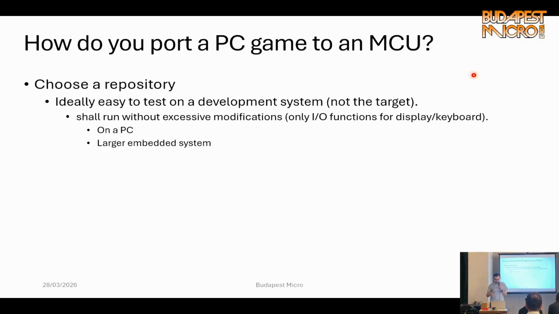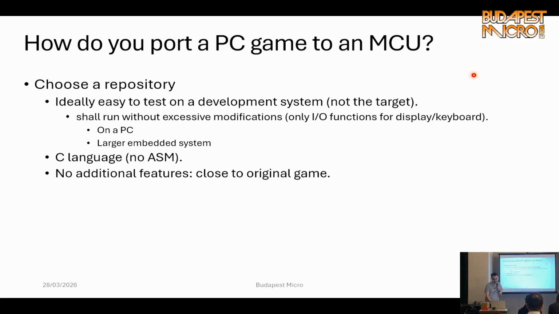And I want it in C, so that I can develop in Windows and optimize for memory, and later I will port to the target device once I reduce the memory usage. Also, I don't want modern ports because they add additional features, and I need more effort to optimize them. I just want to have the original game.